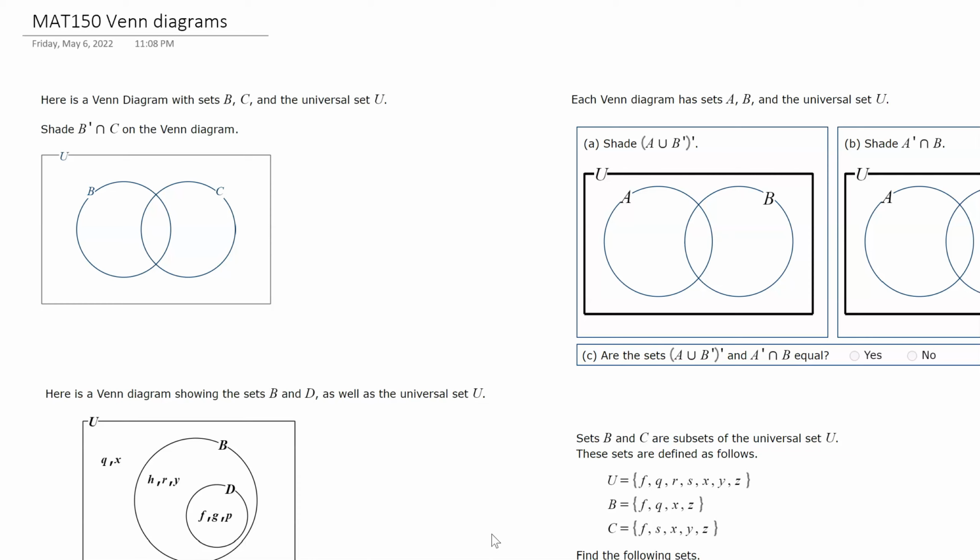Venn diagrams are a visual representation of a collection. Each circle in its entirety represents one set, a collection of things. I like to think about these as rooms in a house.